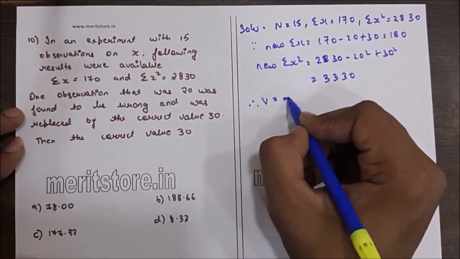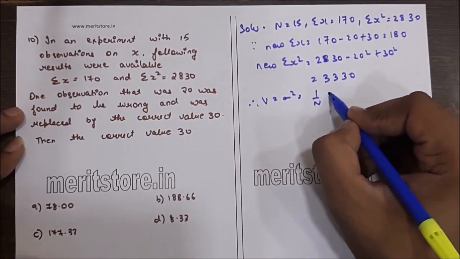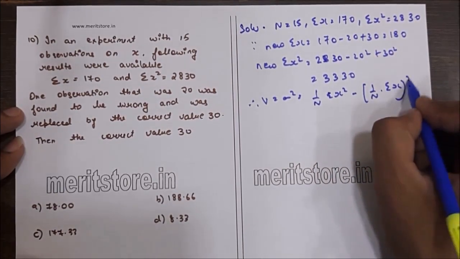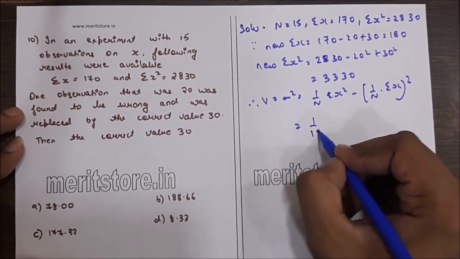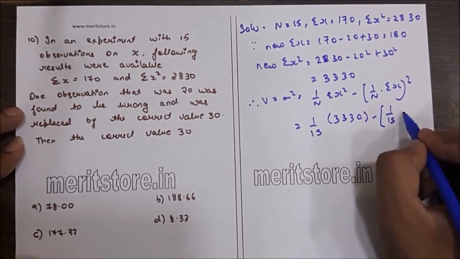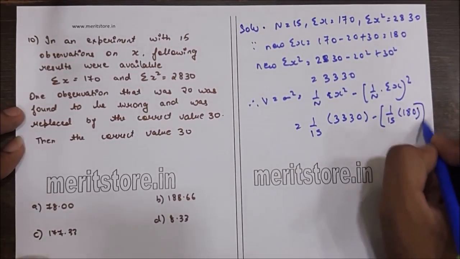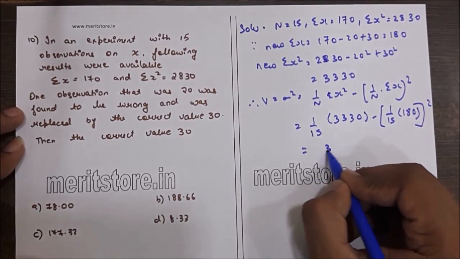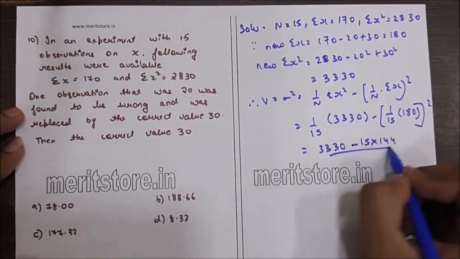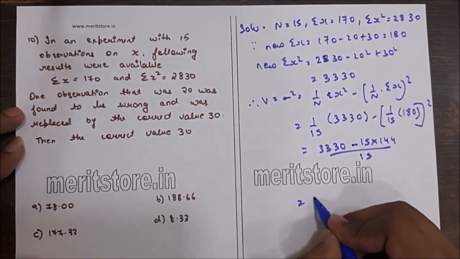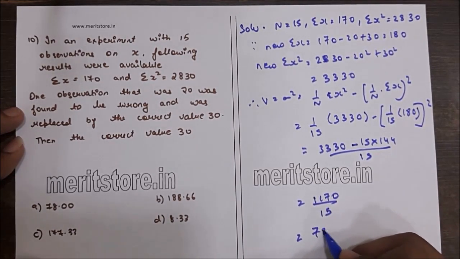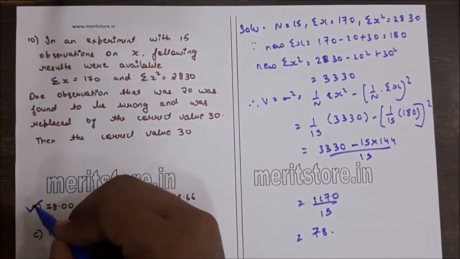Therefore, variance sigma square is equal to 1 upon n summation x square minus 1 upon n summation x the whole square, which is equal to 1 upon 15 into 3330 minus 1 upon 15 into 180 the whole square, that is equal to 3330 minus 15 into 144 upon 15, that is equal to 1170 upon 15, which is equal to 78. Therefore, option A is correct.